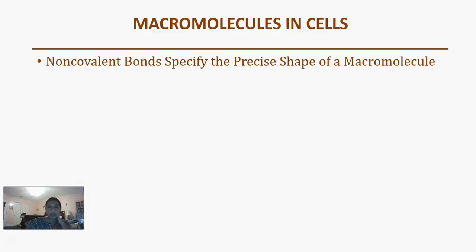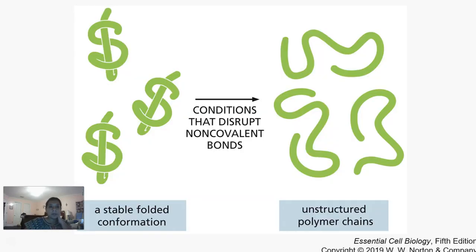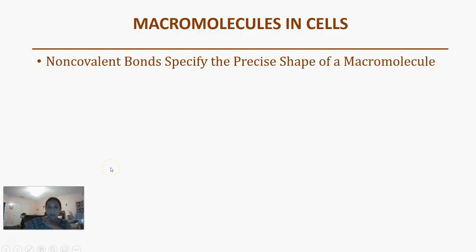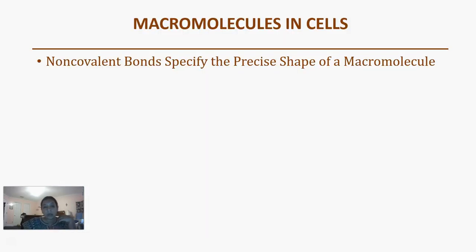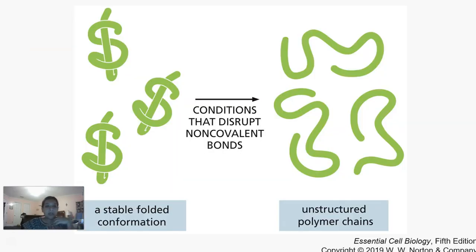These macromolecules, obviously, are formed through this very precise reaction. However, when they are in different environments, they can change their shape and structure based on non-covalent bonding. These are partly due to these individual molecules in their structure, right? So the R groups in a protein can dictate how they are going to be folded together in different pH or different environments, under hot versus cold, under pH 7 versus pH 5.